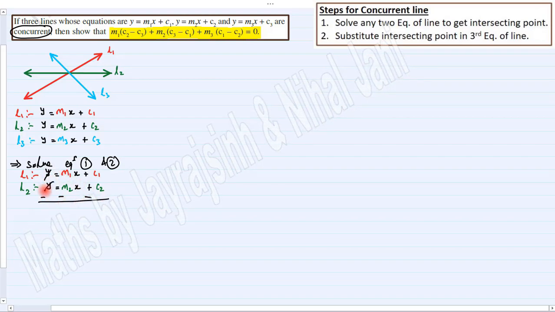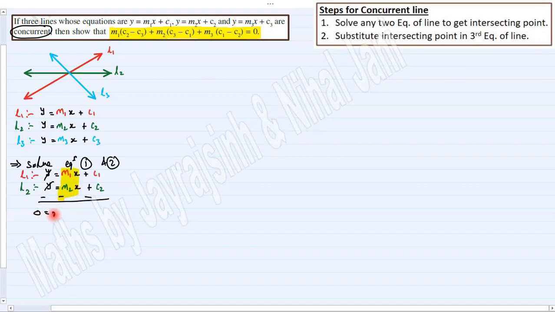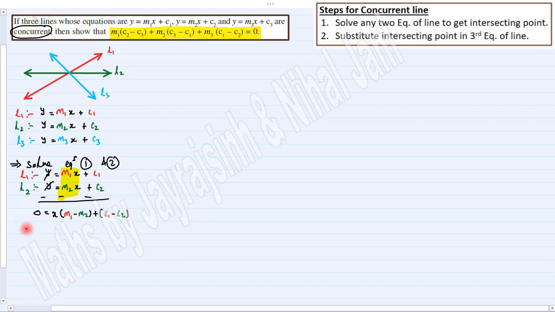So your y will cancel out, and you'll get 0. Then from these two terms, we can take x common. So we'll get m1 minus m2, and here we'll get c1 minus c2.